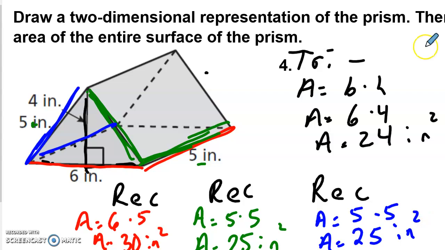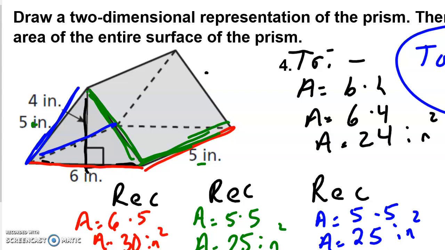Now, for our total, we just want to add everybody up. So 25 and 25, that's easy. So that's 50. 50 plus the 30, that's 80. And then 80 plus 24, we end up with a grand total of 104 inches squared. That's what it's going to take to cover this entire prism.